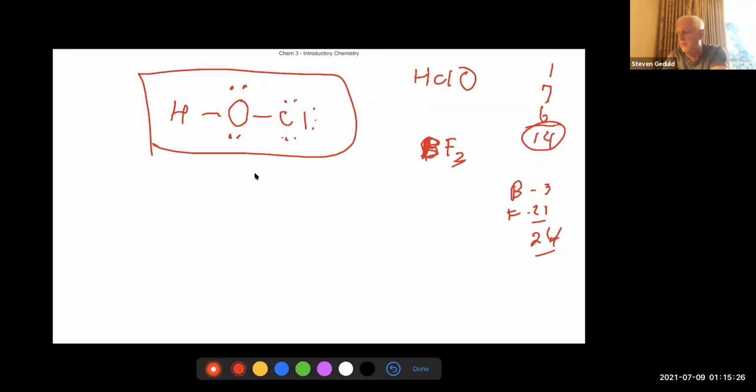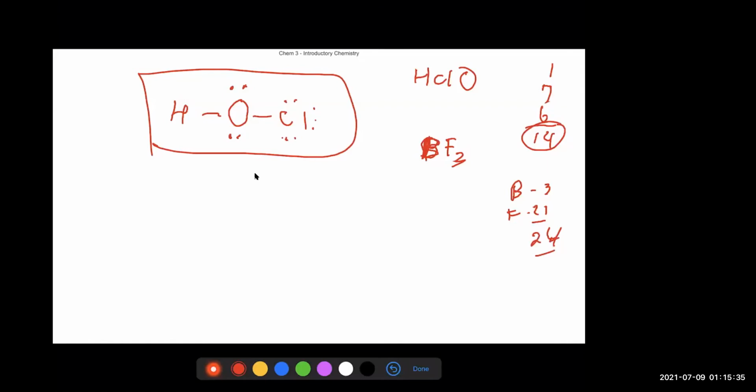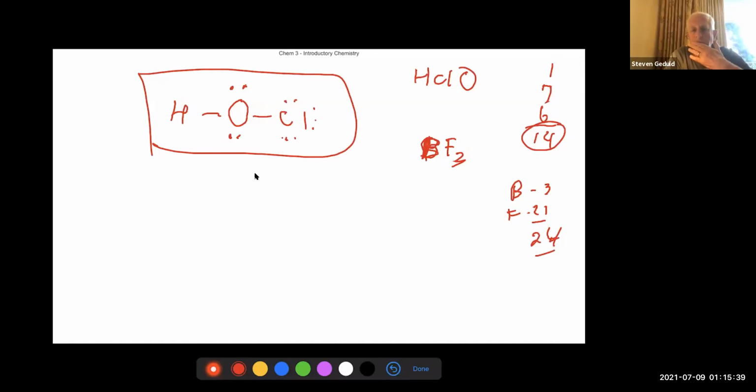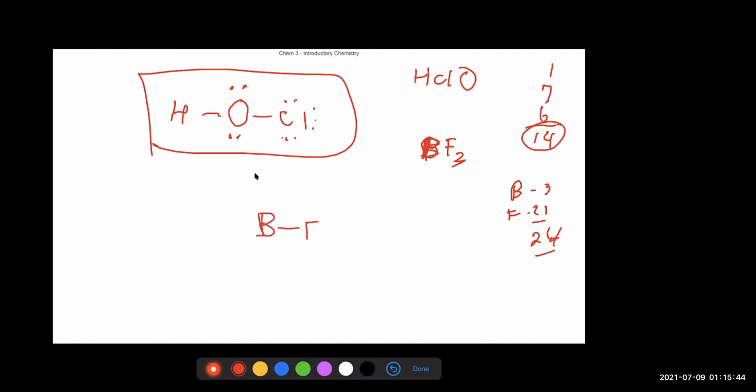What has to go in the center? What did I tell you about the halogen, about fluorine? It's terminal. Perfect. It cannot go in the center. So what has to go in the center? Boron.